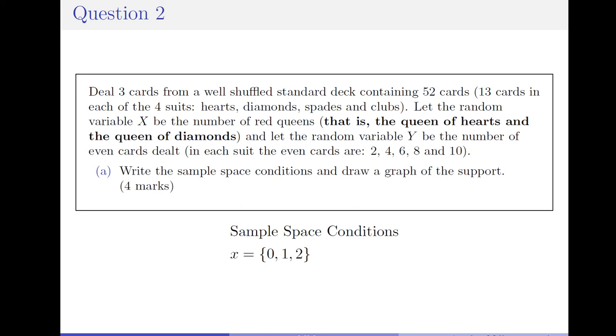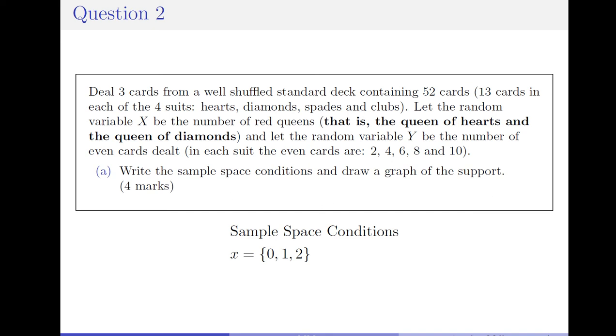You can also have 1 red queen in your deal and none. So the choices there are 0 red queens, 1 red queen, or 2 red queens. And what we do is we write a sample space in curly brackets. So that's us written the sample space conditions of x.